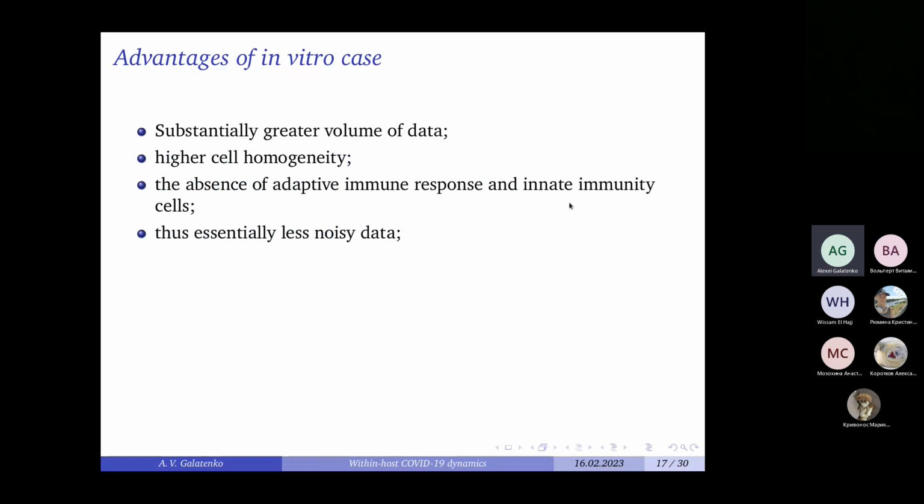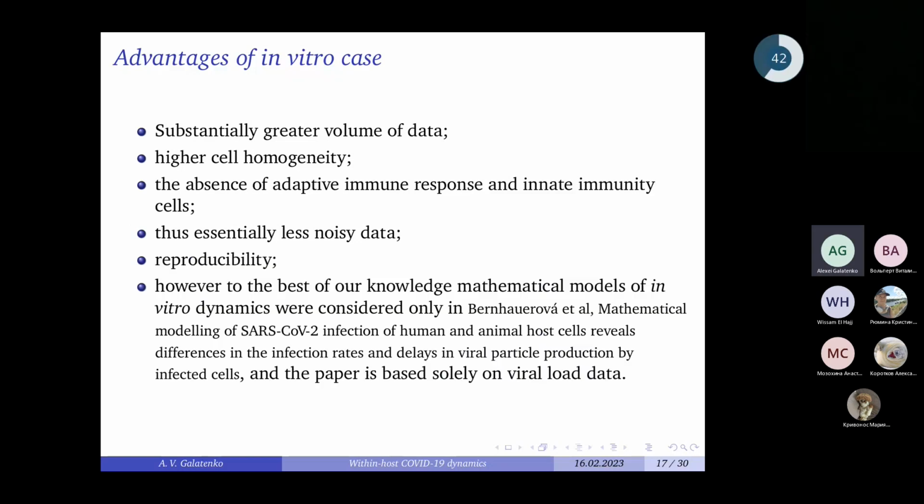There are no innate immunity cells in the cell line. The data is much less noisy. The experiment is reproducible. We can take yet another copy of a cell line, another portion of viruses, once again infect the cell line and reproduce the experiment. In case of humans, reproducing is quite challenging.